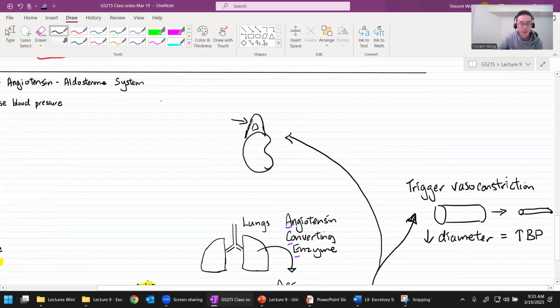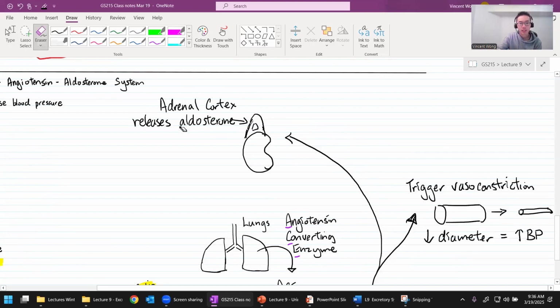So we are focusing on the adrenal cortex, which releases aldosterone. Aldo, like the shoe brand, and then sterone, like testosterone, progesterone. It's a steroid hormone.